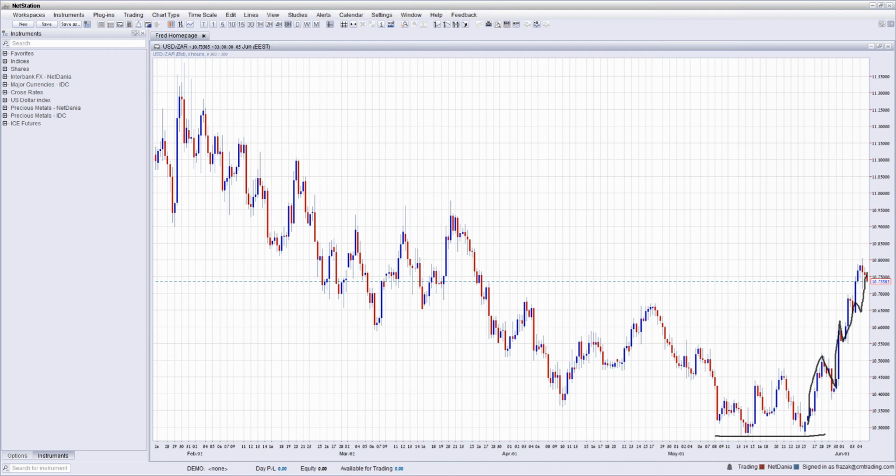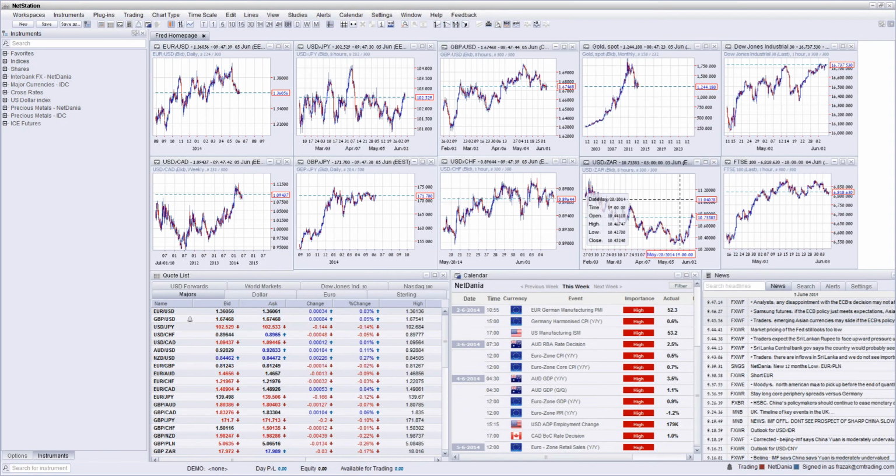But as you remember, I did mention that 1030 was a big number for the ZAR, and the fact that it's rallied 0.40 over the past couple of weeks just shows you that there's still momentum, and things in South Africa haven't really returned to themselves with this depreciation of late. So keep it on your radar.